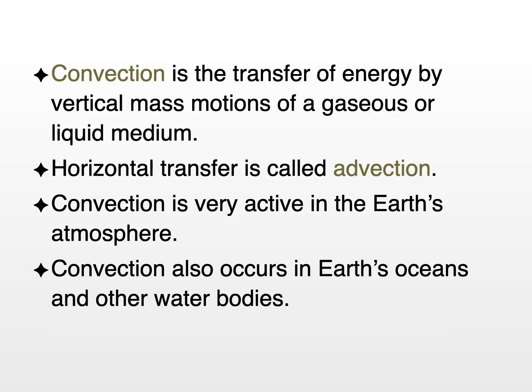Convection is the transfer of energy by vertical mass motions of a gaseous or liquid medium. Convection does not occur in solids. If convection is occurring horizontally, then a different term is used, and that is advection. So let's get back to that pot of boiling water. As I said, we've got heat energy being transferred from the burner to the metal.